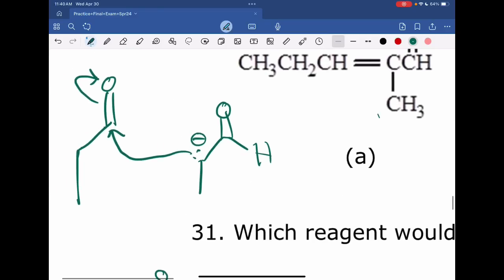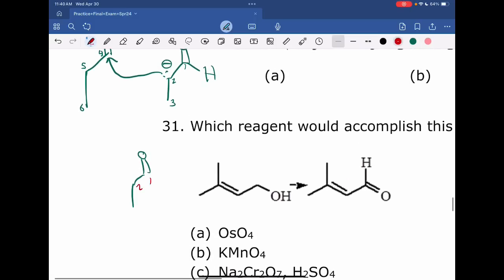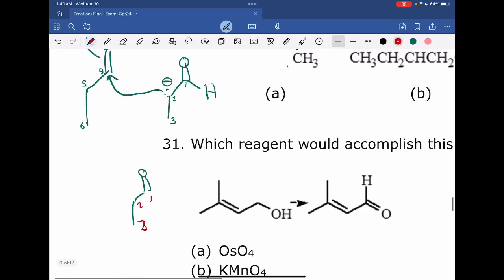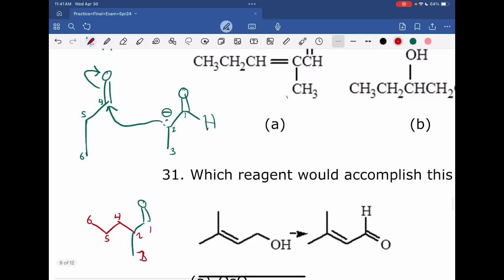It's good to number them because you might lose a carbon or gain a carbon whenever you're drawing, so number them so that doesn't happen. 1, 2, 3, 4, 5, 6. So this is 1, 2, 3, and we know that 2 bonds to 4, so 4, 5, 6, and 4 had a double bond O. It now has O minus.